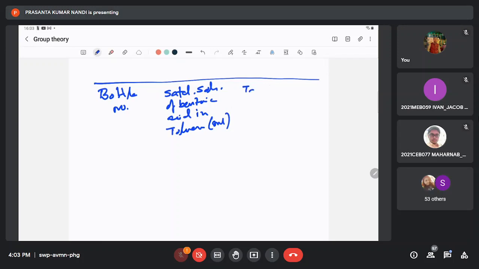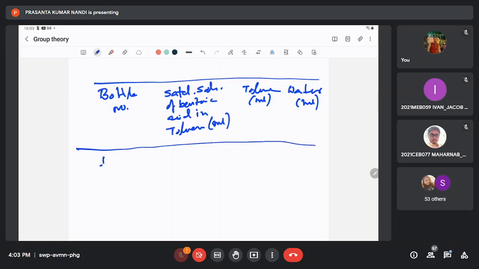Pure toluene in ml. And water you take in the bottle also, water in ml. So this is the table heading.